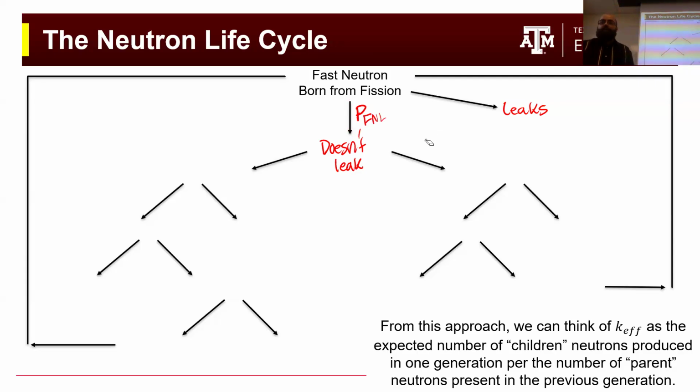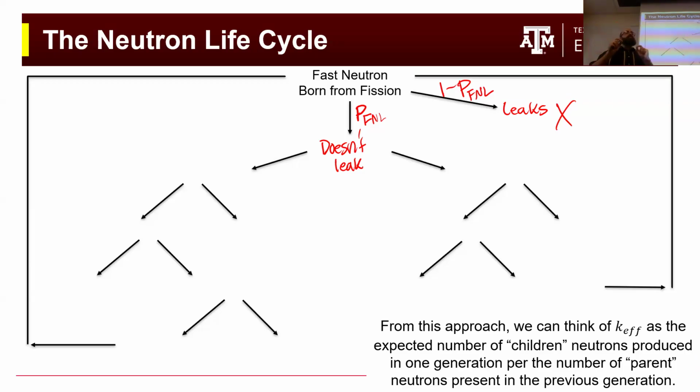And if P sub FNL is the probability that it doesn't leak, what is the probability that it leaks, if those are my only two options? It's just going to be 1 minus P sub FNL. And once the neutron leaks, we don't care about it anymore. It's not going to cause a new fission. So the probability tree dies right here. The tree no longer continues because the neutron is now gone from our analysis.